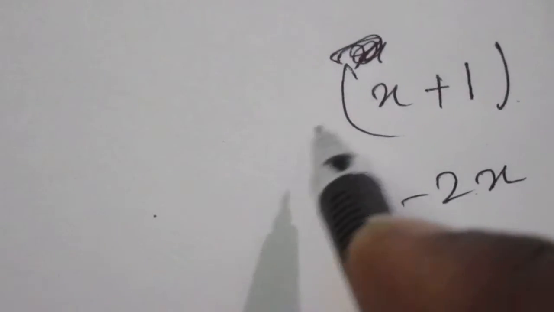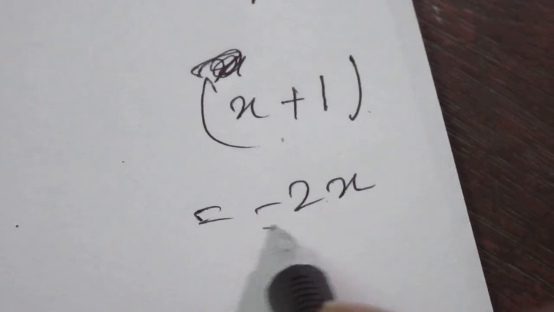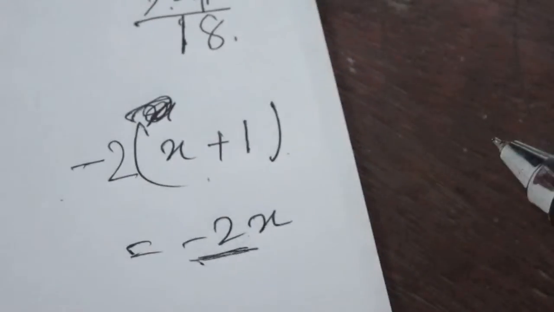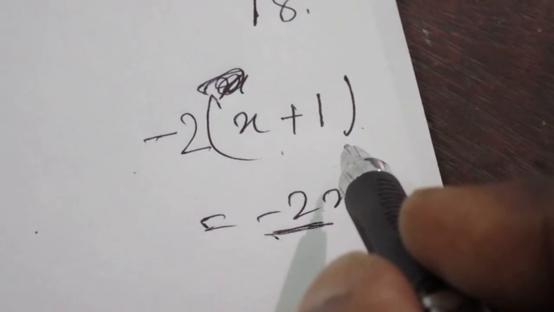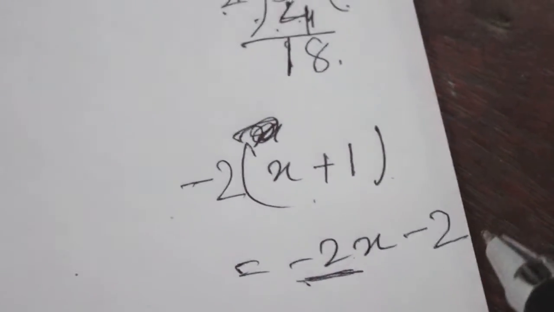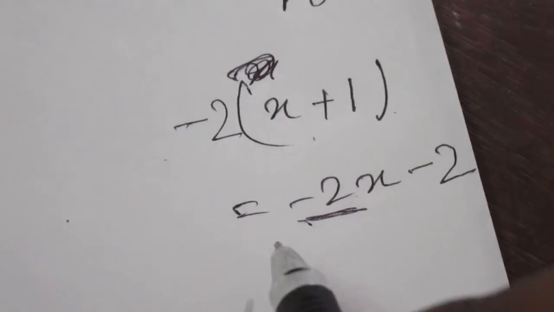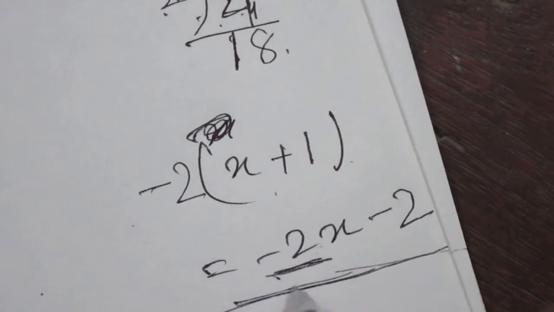Okay, now with what number we have to multiply so that the first term we get is minus twice x? If we multiply with minus 2, then minus 2 into plus 1 will give me, tell me friends, minus 2. Yes, right, minus 2.